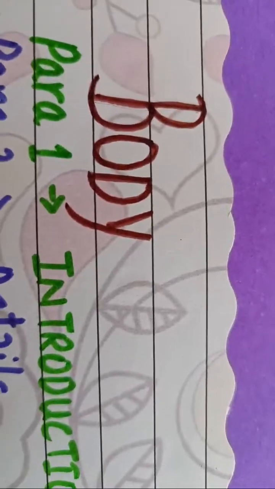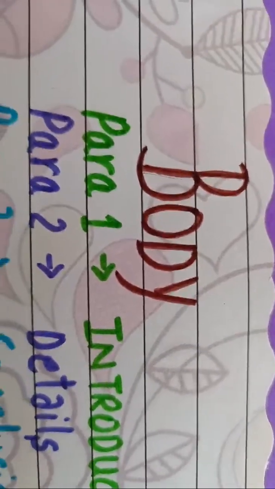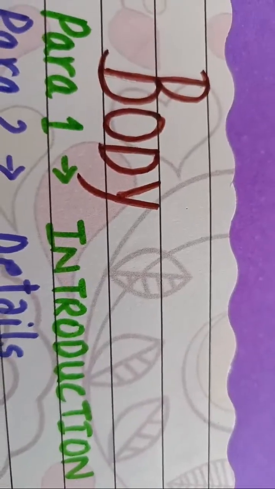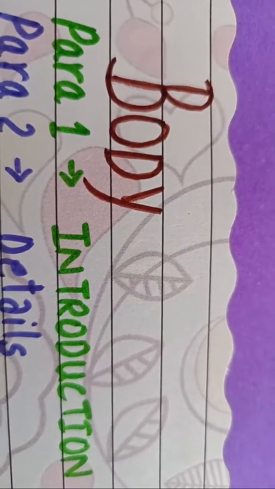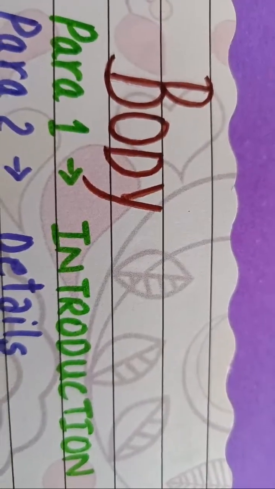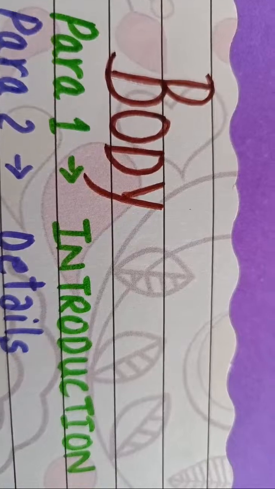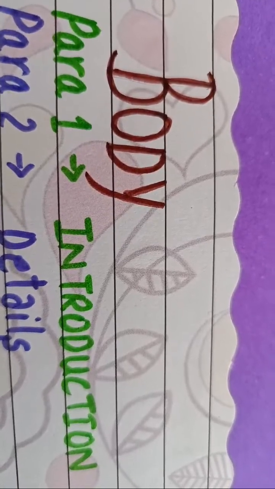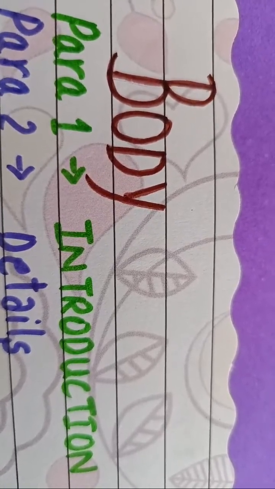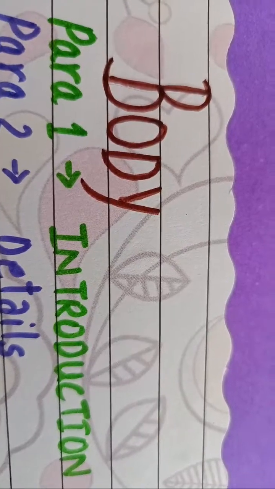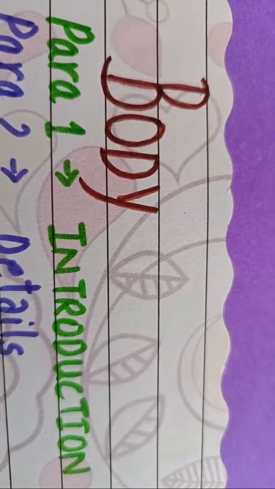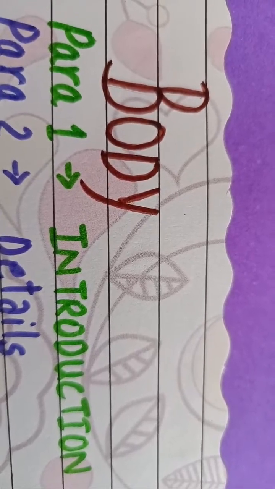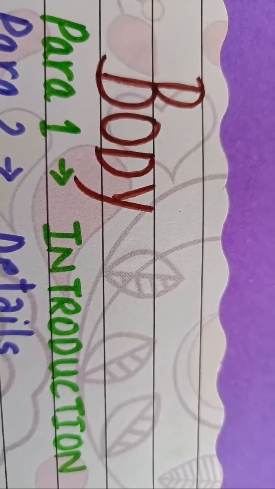So in the body paragraph, we are going to write down 3 paragraphs. The first paragraph, you have to introduce yourself. You have to introduce who you are and why you are writing this letter. For instance, you can mention "I, comma, your name, comma, resides in place."